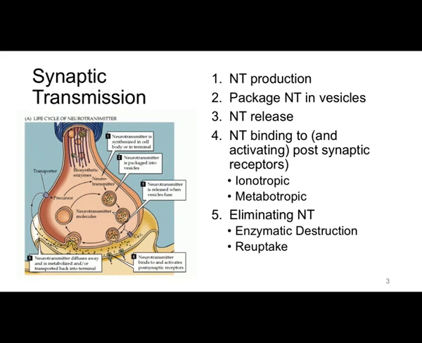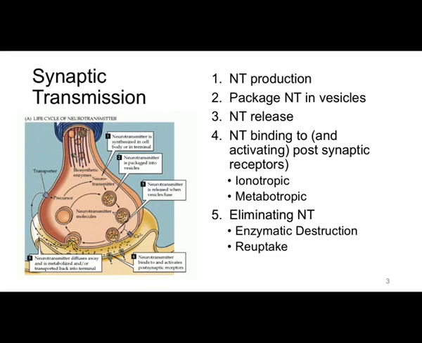As a reminder, synaptic transmission includes a number of different steps. Some of them happen kind of behind the scenes, while others are directly related to synaptic activity or to activity of the presynaptic cell. Neurotransmitter production and packaging into vesicles happens kind of behind the scenes.